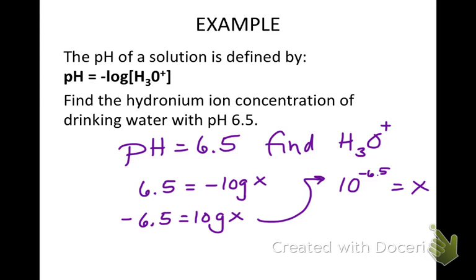So now calculator crunching, 10 to the negative 6.5 power gets me 3.16. Now your calculator is going to have a bunch of decimals, and then you're going to see a little uppercase E and a negative 7. Do you guys see that? Yes? Okay. So that just means scientific notation. So that means it's going to be times 10 to the negative 7 power. So that would be our hydronium ion concentration if our pH of the drinking water was 6.5.